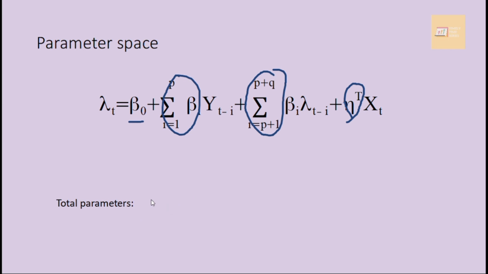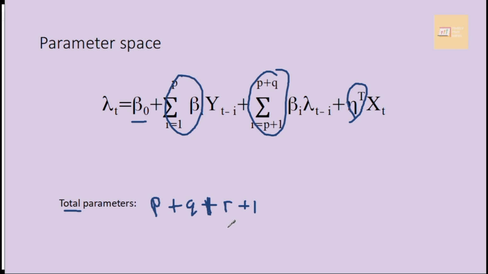So the total number of parameters would be P plus Q plus R, R being the total covariates, plus 1. This is the total number of parameters that we need to estimate regardless of the distribution we want to use.